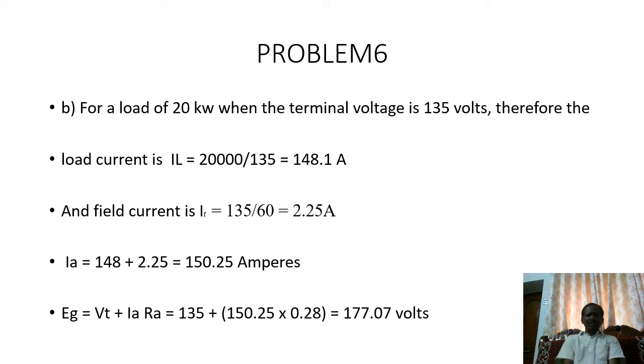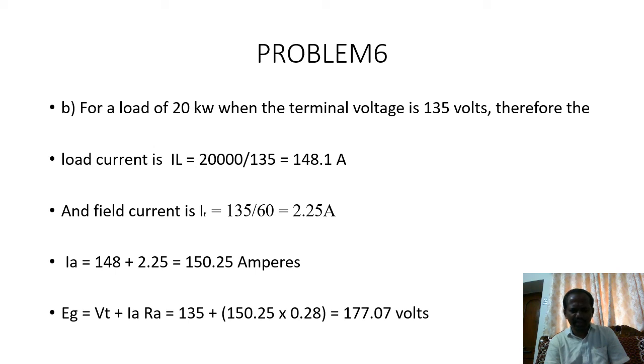Next equation is the generator EMF: Eg is equal to Vt plus IaRa. The terminal voltage is given as 135 volts. So 135 plus Ia 150.35 into Ra, the armature resistance, which is 0.28.